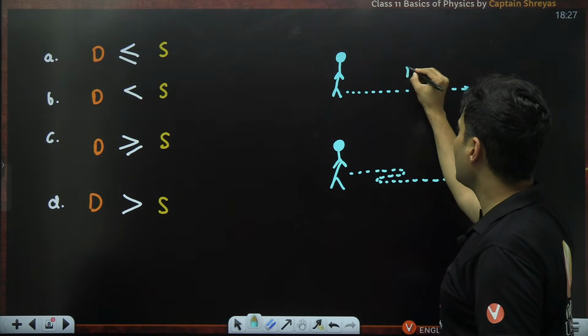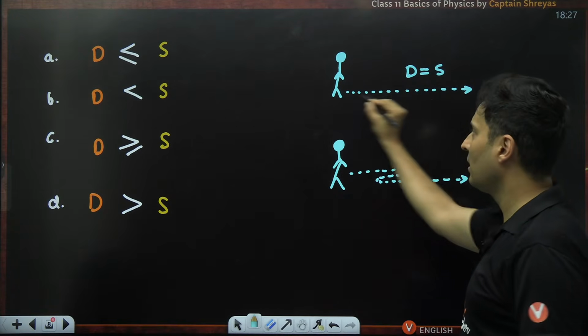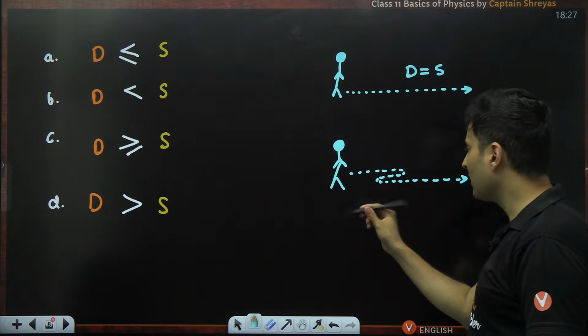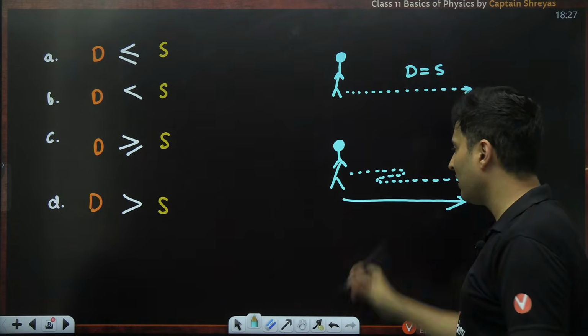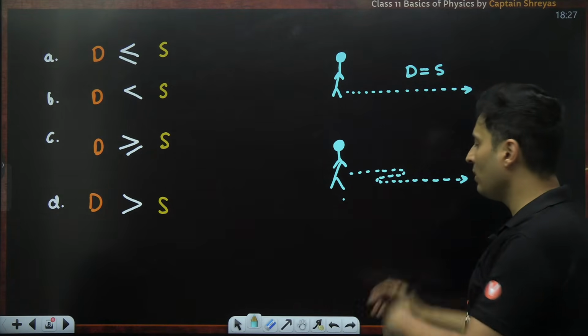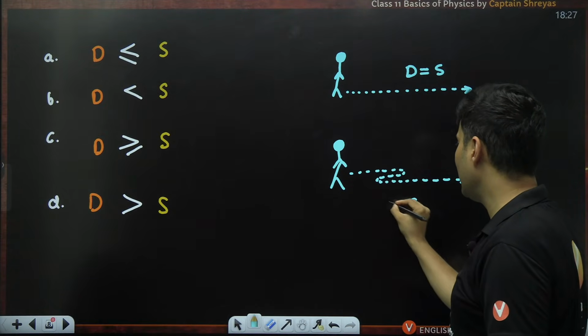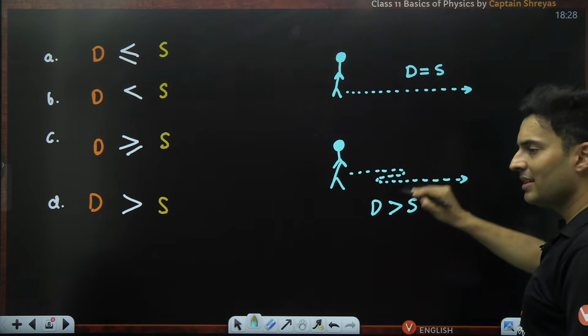Here you can see my distance is equal to the displacement. How much is the path and how much is the displacement? Both are the same. But here my length of path is more, whereas the displacement is just a ray from initial to final, that will be less. So here my displacement is definitely lesser than the distance traveled. So this is also possible.